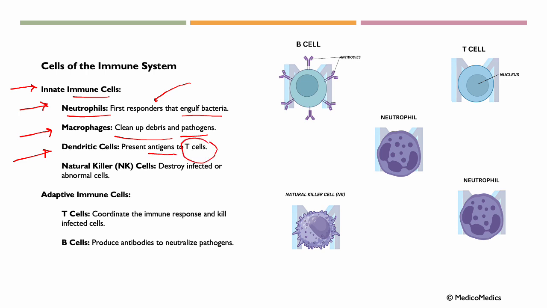If you remember, we briefly made a sketch before where a pathogen enters, a neutrophil will engulf this, and a macrophage will break it down and take the antigen. The antigen was a unique molecule that was sitting on this pathogen, if you remember. It will take this antigen and present it on top of its own cell surface.